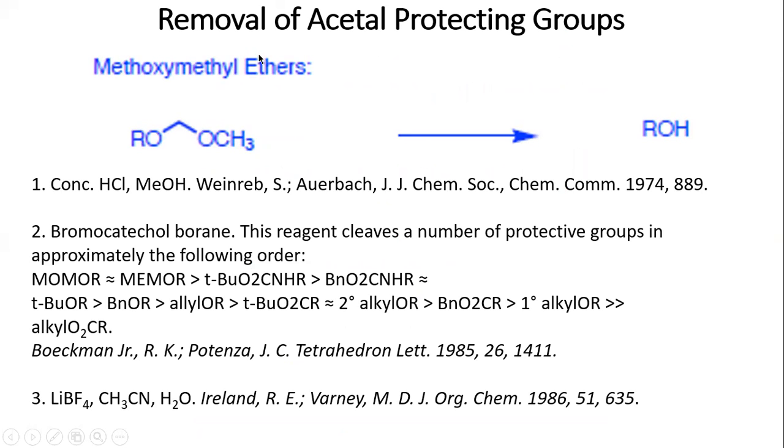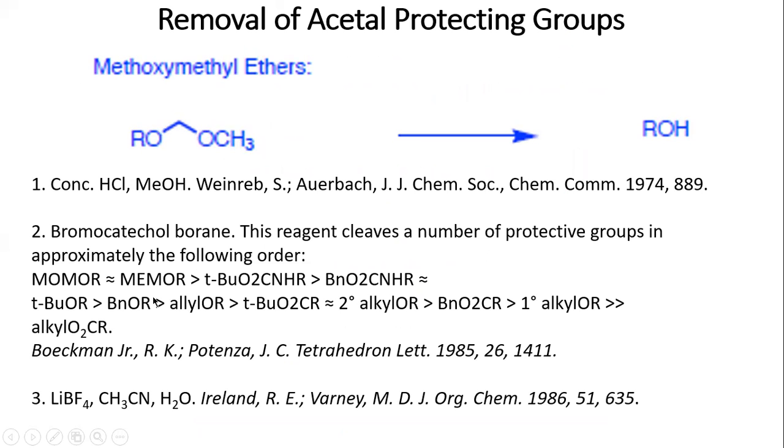And to remove them, there are lots of different methods. You can use concentrated HCl. Again, if you do that, you've got to be certain that other functional groups in your molecule are not susceptible to acid hydrolysis. You can use bromocatecholborane, and you can cleave a bunch of these.